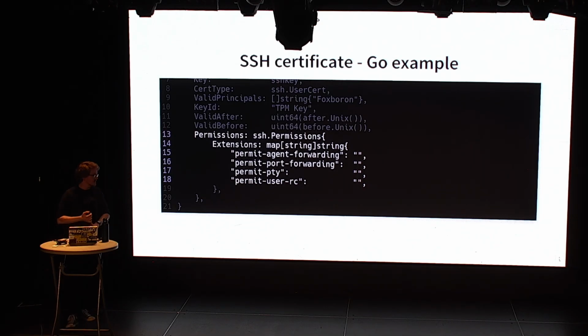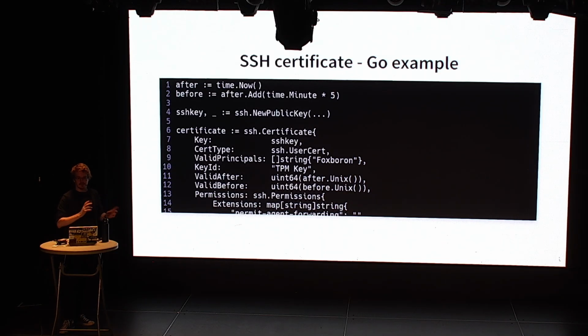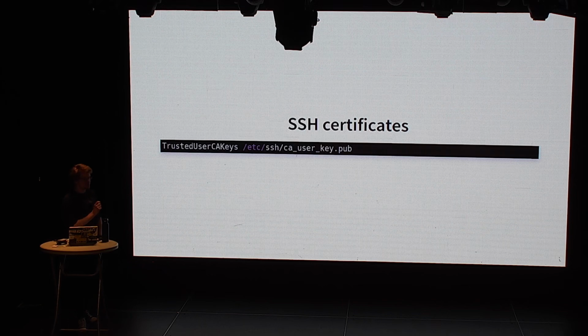Those are the standard ones. You can do agent forwarding, you can do port forwarding, you can get the real terminal, and then you can also load the RC file of the user. This is signed, and then the user can use this to authenticate with the server. And the way that SSH trusts the CA is through the TrustedUserCAKeys sshd directive.